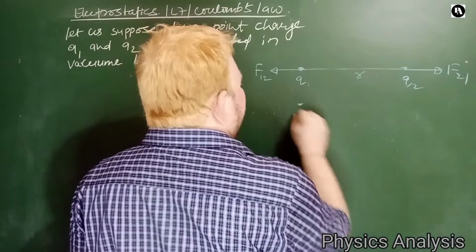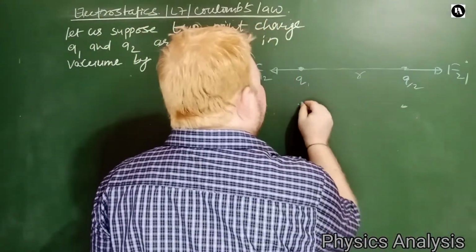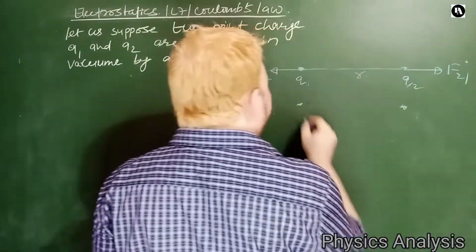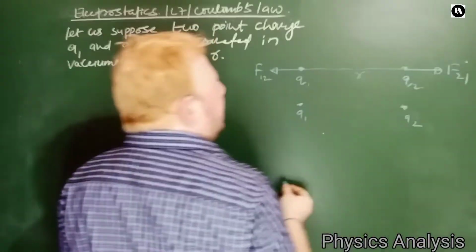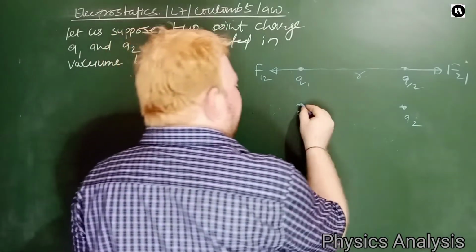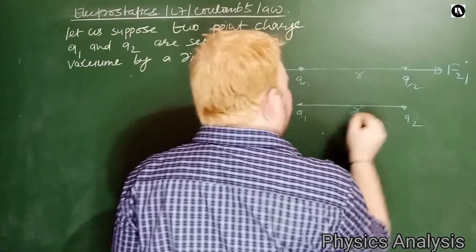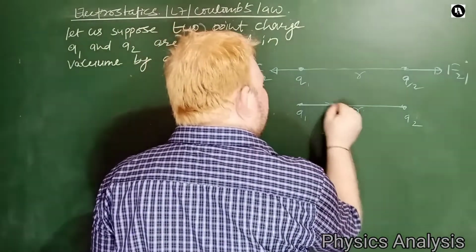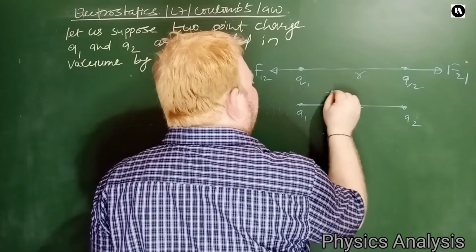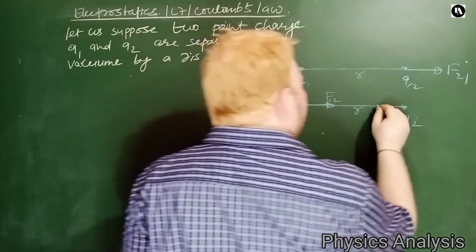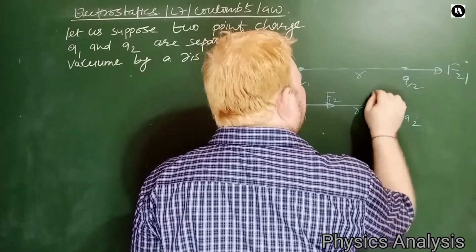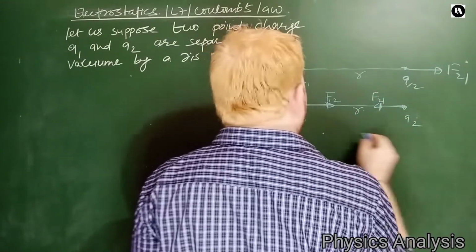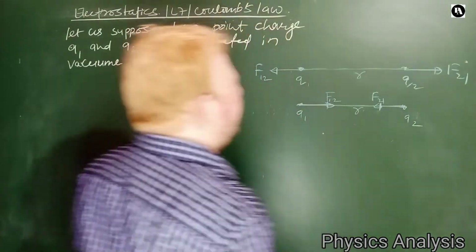And suppose the two point charges Q1 and Q2 are of opposite nature, with distance r between them. Then the forces acting between these two will be F12 and F21.